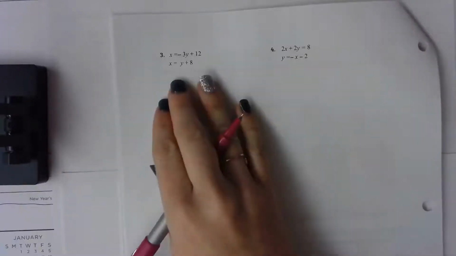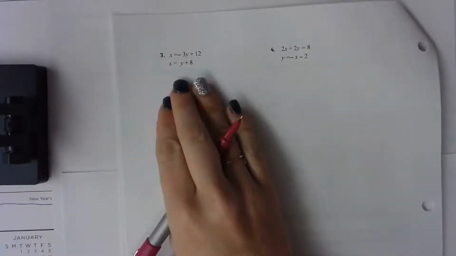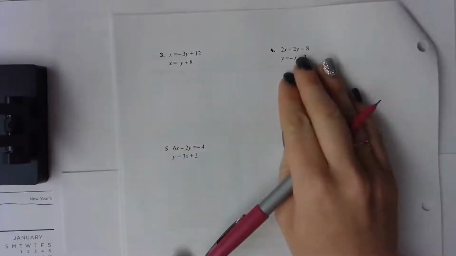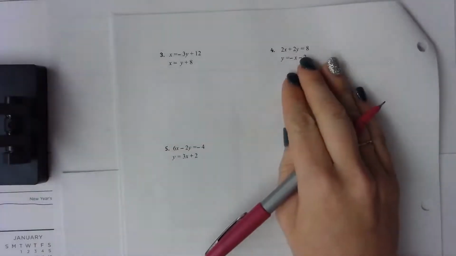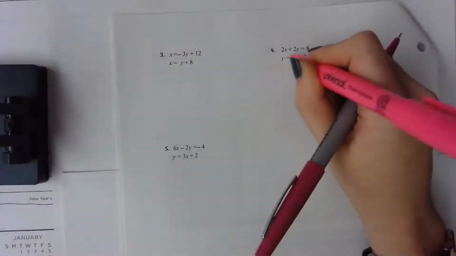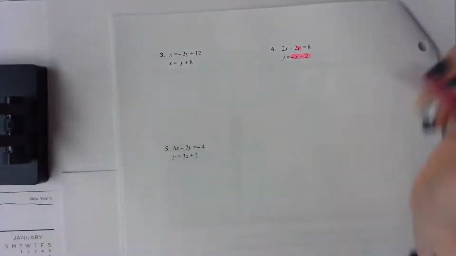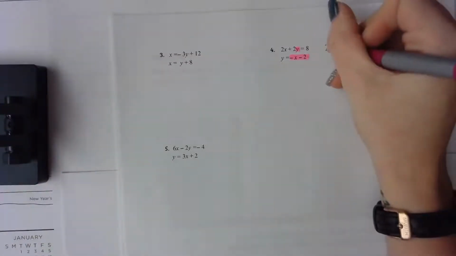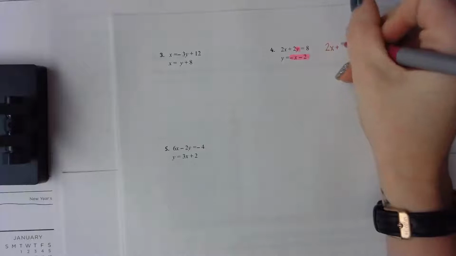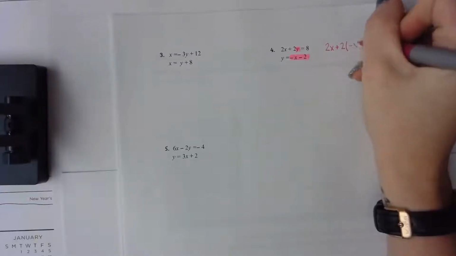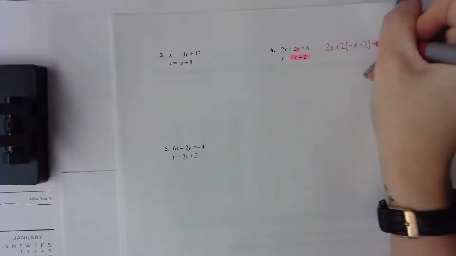Okay, so go ahead and try this one on your own. I'm going to go ahead and do this one. I've got y equals, so I'm going to plug that in for y. 2x plus 2 times negative x minus 2 equals 8.